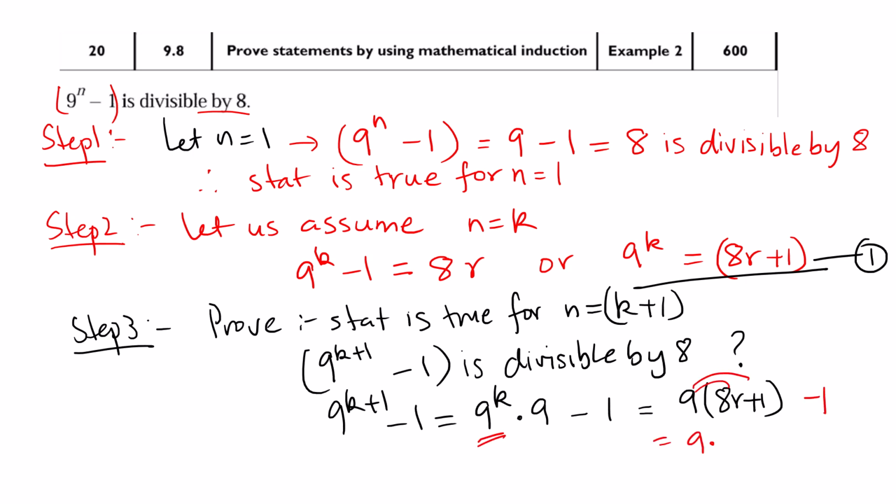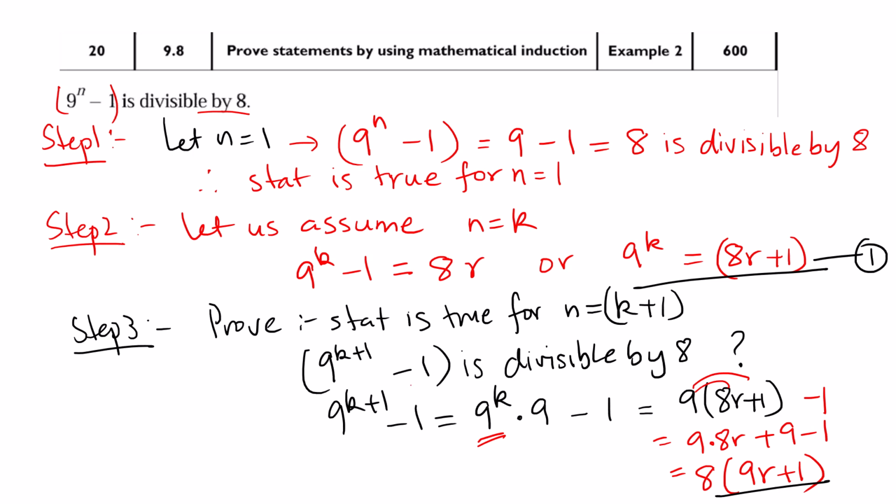So 9 multiplied with 8r, plus 9 minus 1. 9 minus 1 is 8. So I can take 8 outside and I'm left with 8 times (9r plus 1). So this thing, 8 multiplied with (9r plus 1), is a multiple of 8.